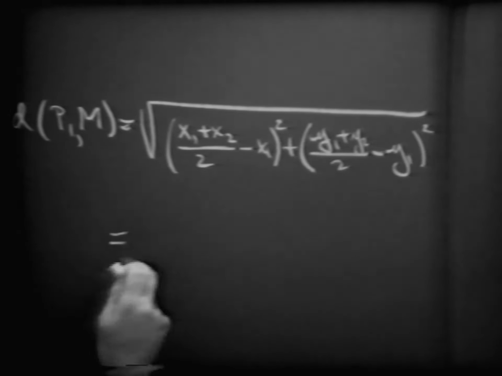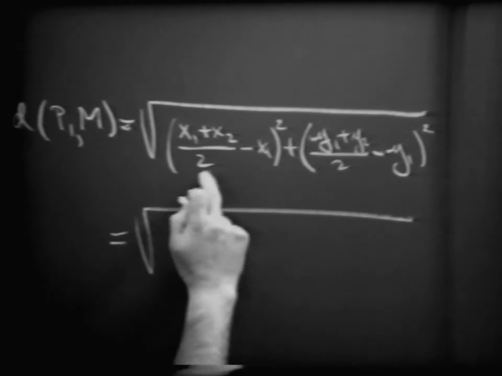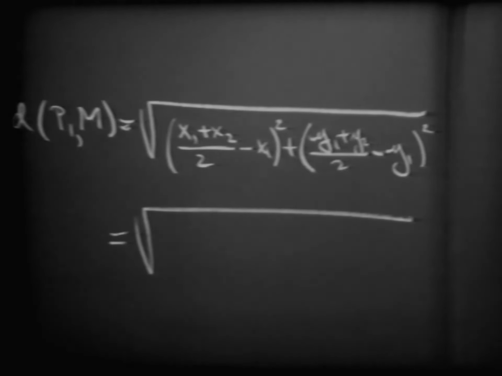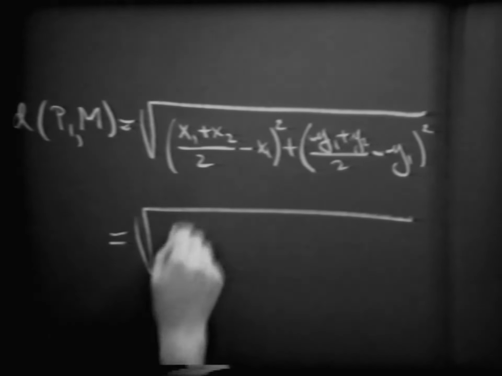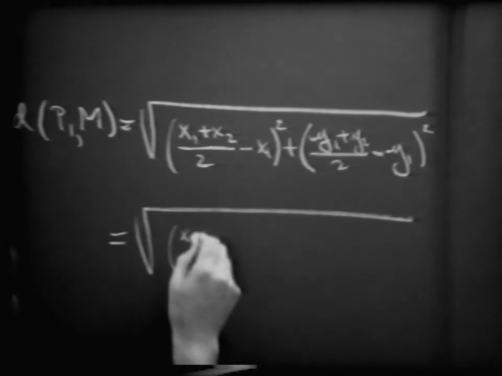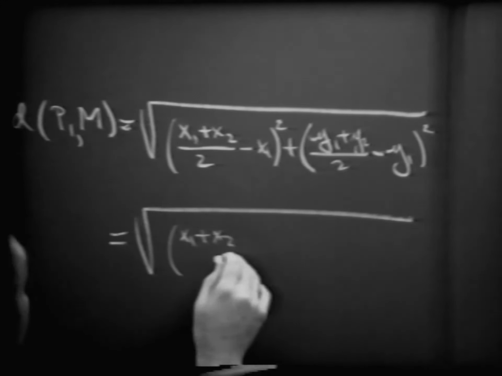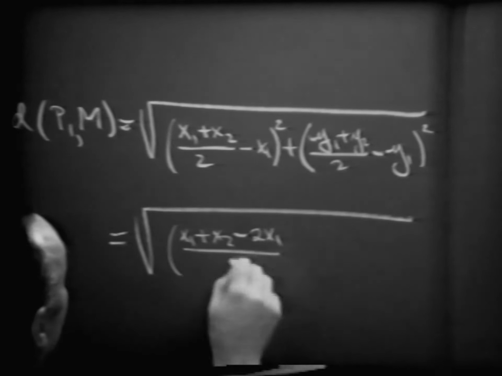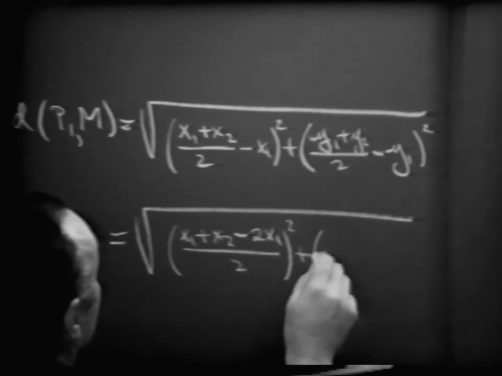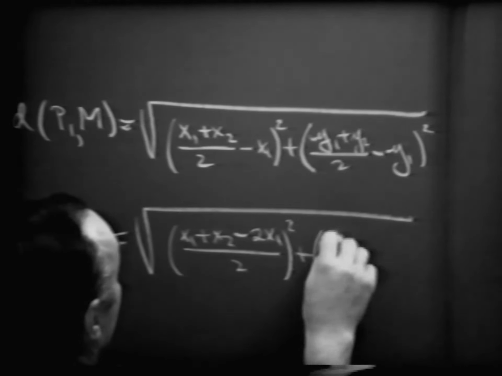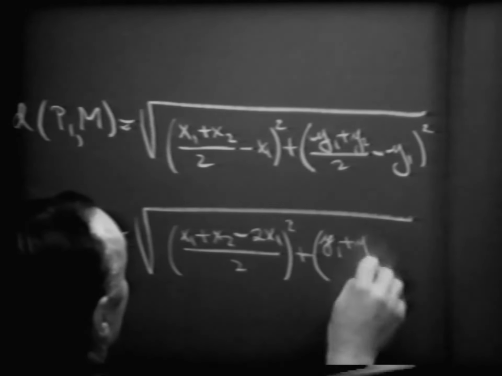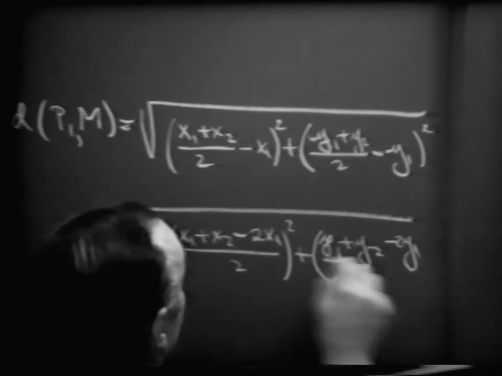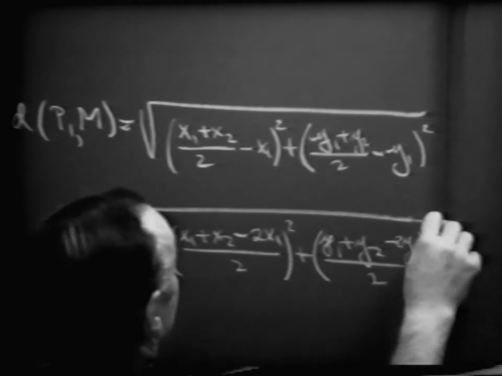Now, let's see if we can't simplify what is inside the parentheses first. And let's get this all over the same denominator of what? Of 2. And when we do so, we have what? x sub 1 plus x sub 2 minus 2x sub 1 all over 2, the quantity squared, plus y sub 1 plus y sub 2 minus a 2y sub 1 all over 2, that quantity squared.